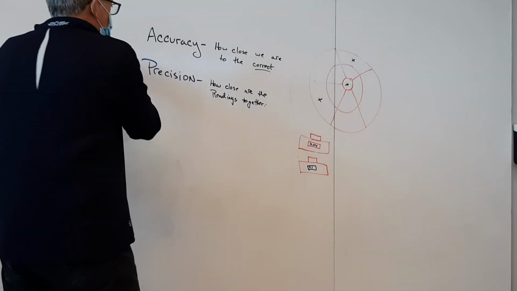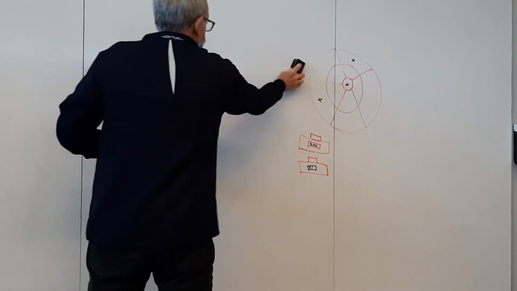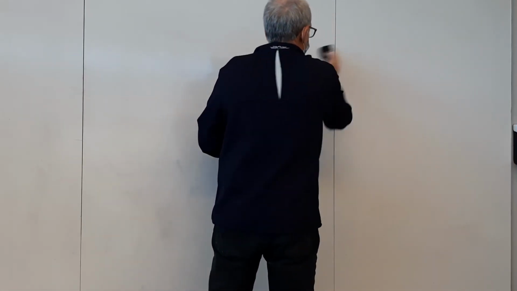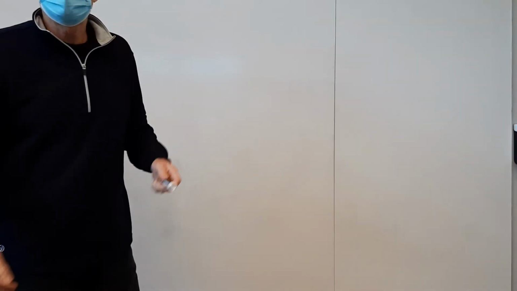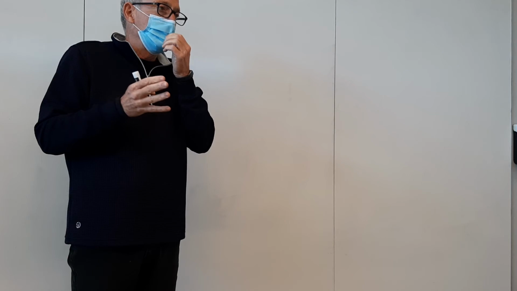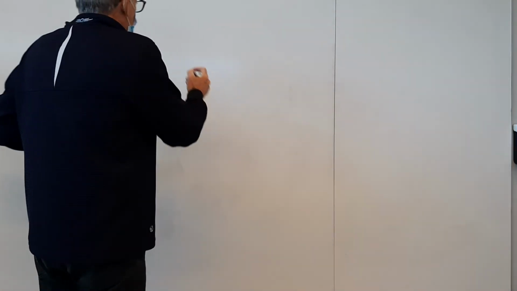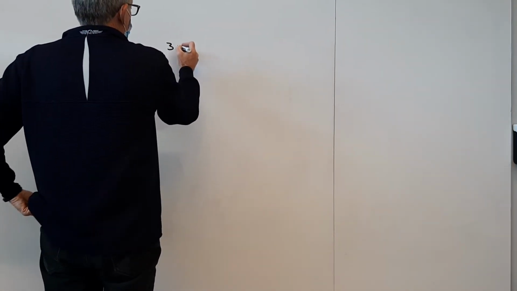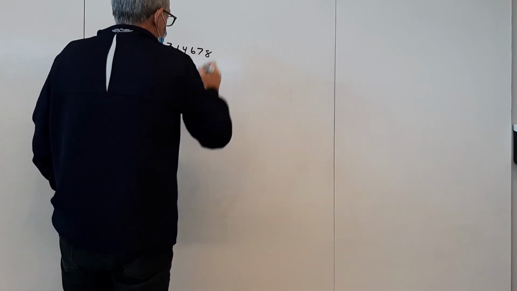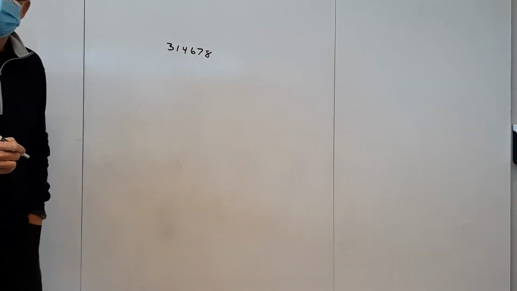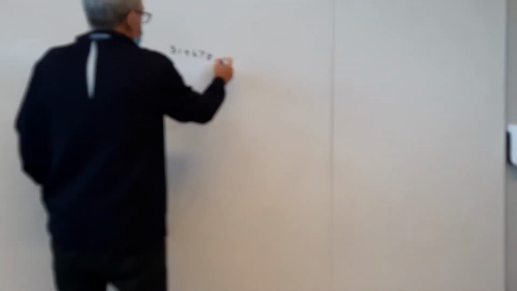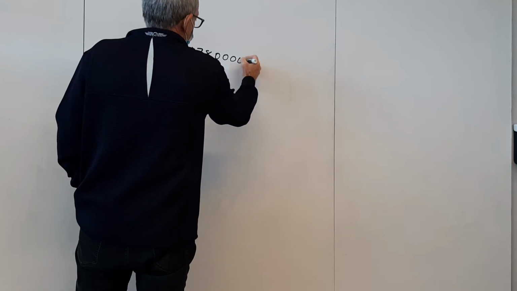Scientific notation. Let's figure out how it works, because, like I said, we don't want to be writing all these zeros our whole life. Basically, scientific notation is a way of writing things to the power of 10. Like 3, 1, 4, 6, 7, 8, or 0, 0, 0, 0, 0.